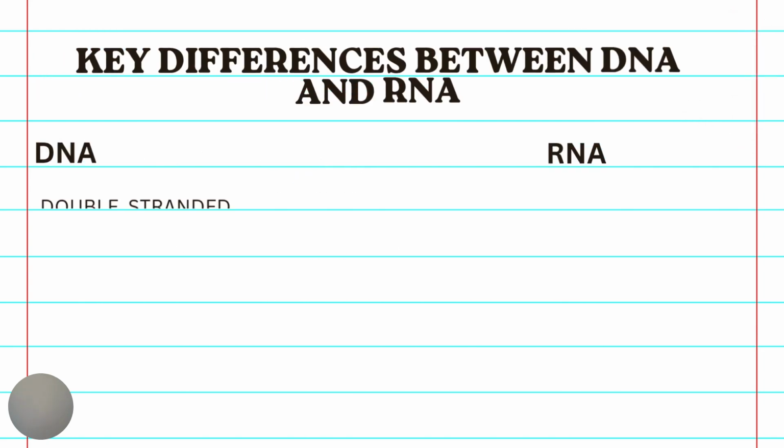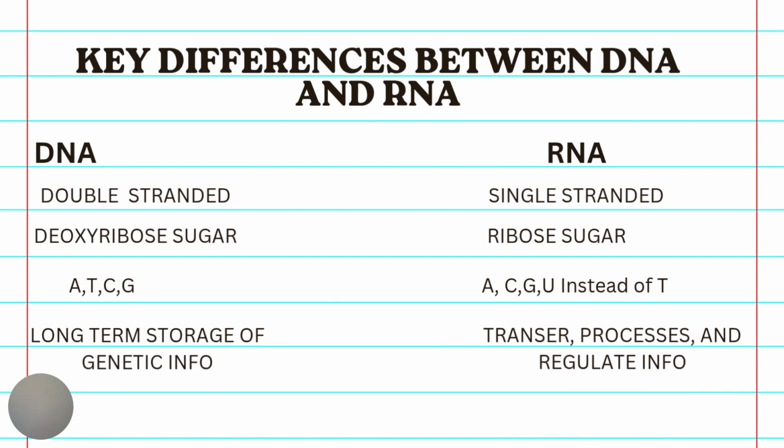And now we're going to look at the key differences between RNA and DNA. DNA is double-stranded, whereas RNA is single-stranded. We saw the structure: when you look at the nucleotides, DNA has deoxyribose sugar, and RNA has ribose sugar.